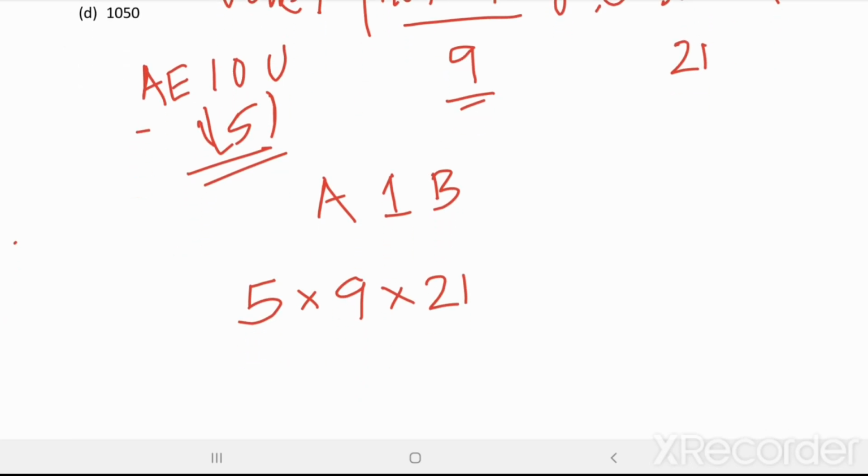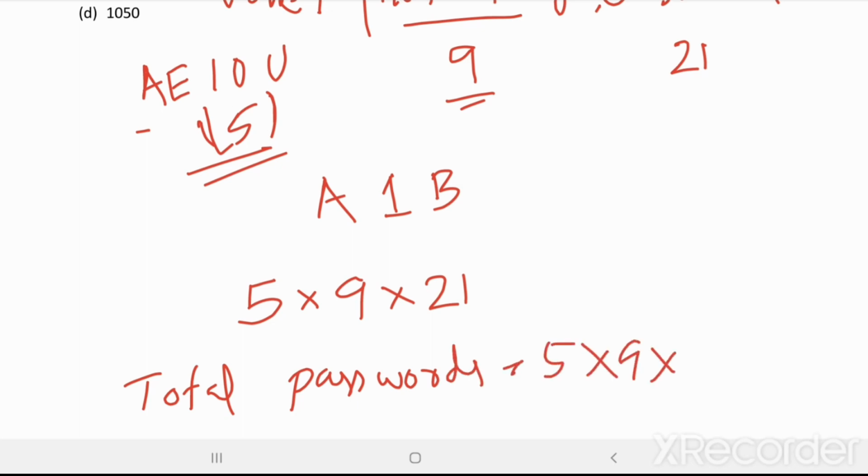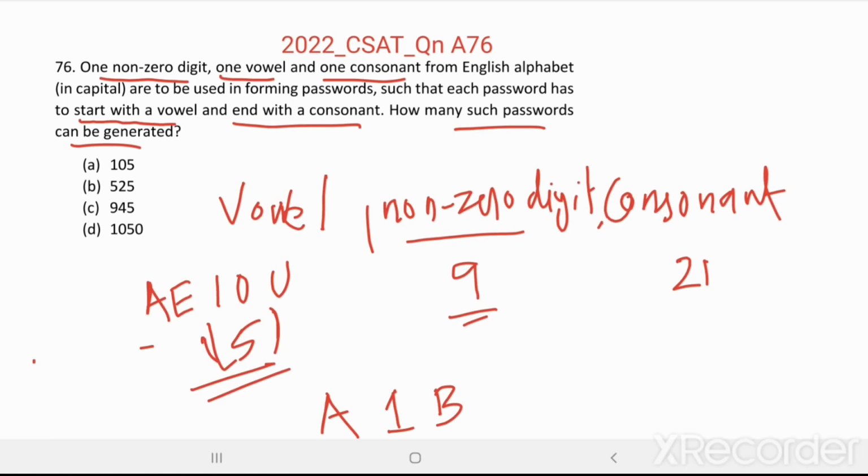So multiplying all these, we get the total passwords possible. So 5 into 9 into 21 equals 945. Option C is the right answer.